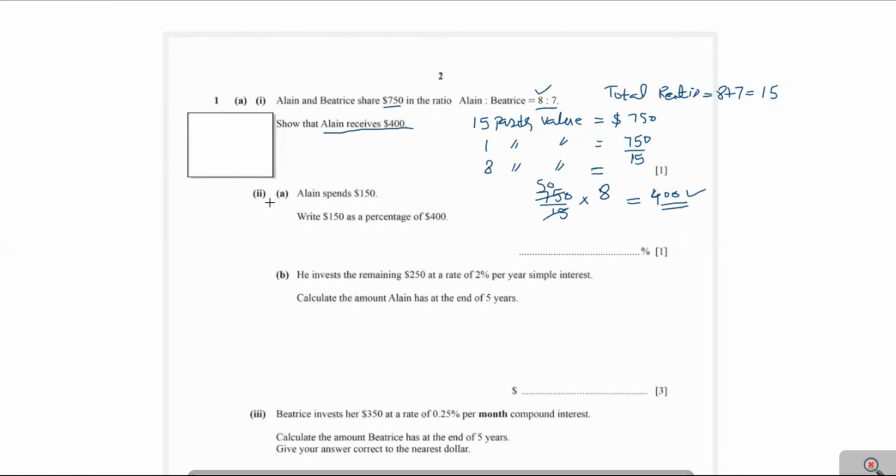Next part, second, A. Elan spent $150. Write $150 as a percentage of $400. Now we have to find the percentage of spending value, you can say expenditure, that will be equal to 150 divided by 400 multiplied by 100.